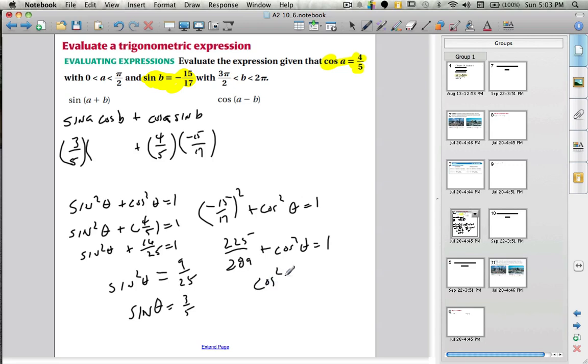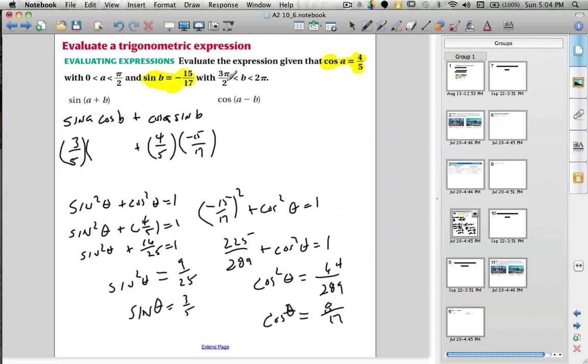That means cosine squared theta is equal to 1 minus 225 over 289. So 289 minus 225 would be 64 over 289. So cosine of theta would be equal to 8 over 17.